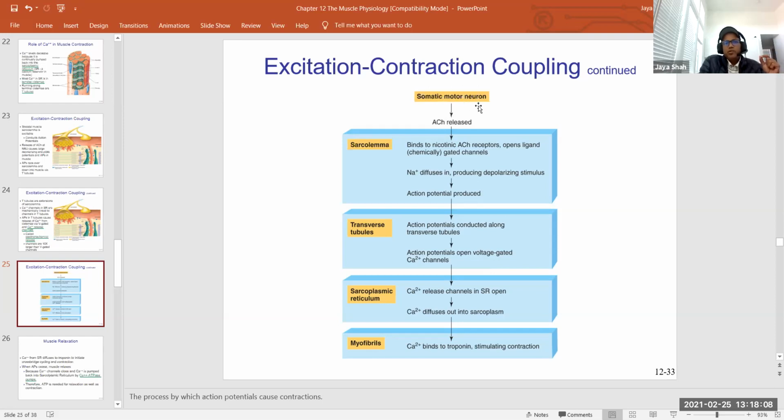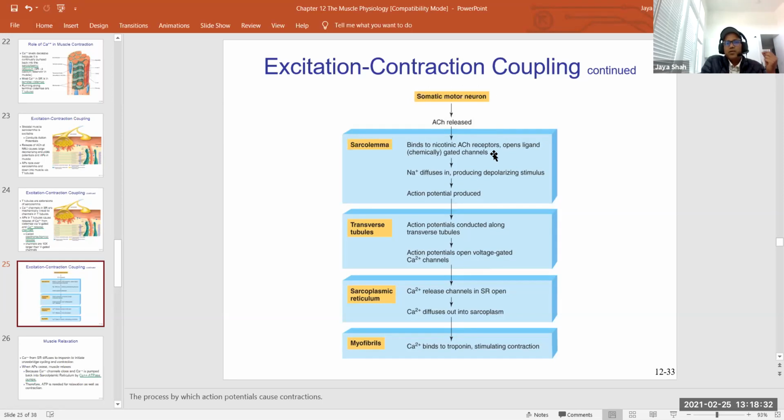So the somatic motor neuron of the motor unit releases acetylcholine. That acetylcholine then binds on the sarcolemma, the plasma membrane of the muscle fiber, to the nicotinic receptor, which opens ligand or chemically gated channels.